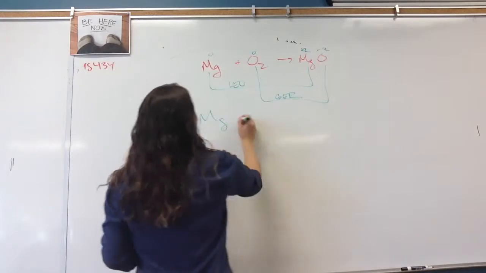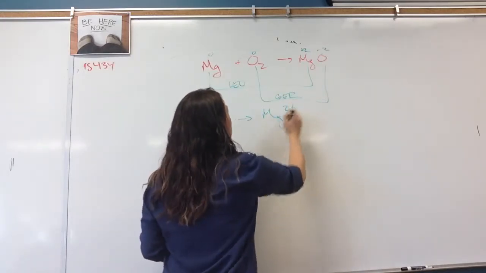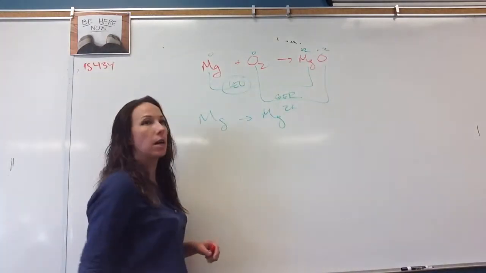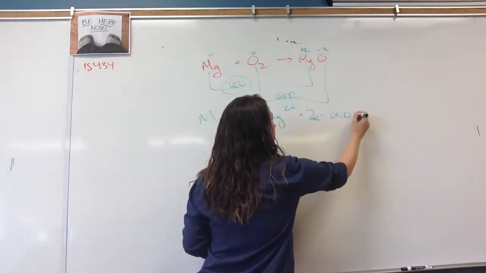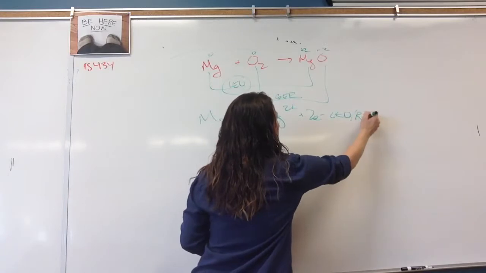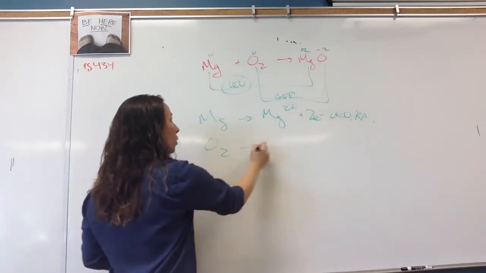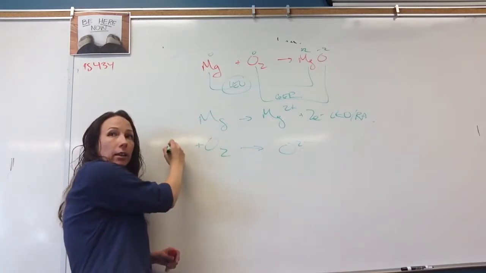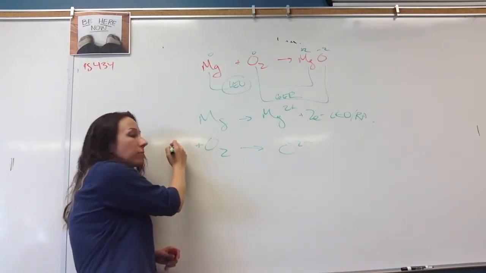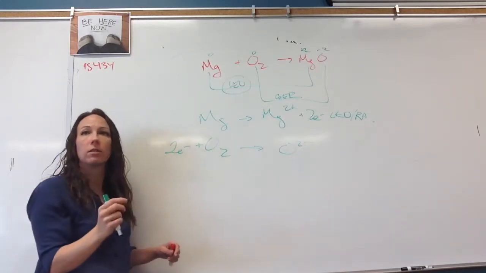So the Mg became Mg2+. How did it do that? It lost electrons. How many electrons did it lose? 2 electrons. So there's your loss of electrons, oxidation. This is the reducing agent. Your O2 becomes O2-. How did it do that? By gaining, this is the tricky part, 2 electrons, right?